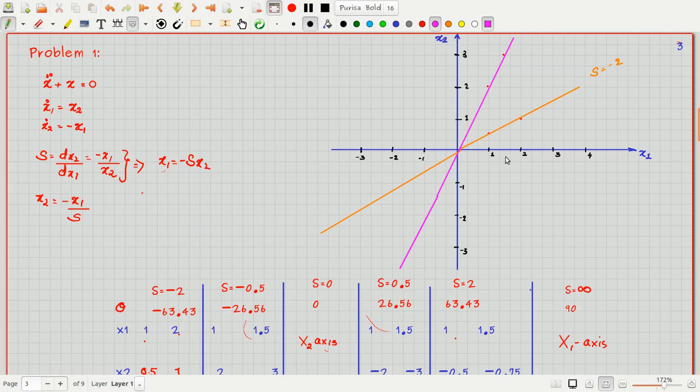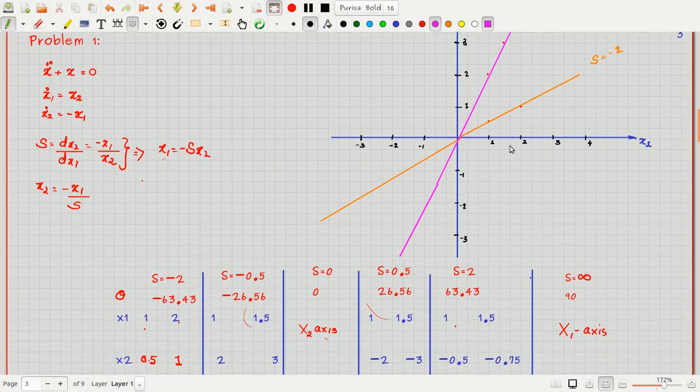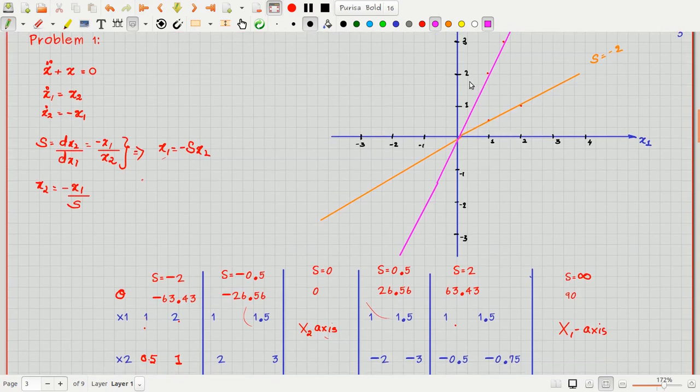Now, similarly, I can draw the other 2 lines also. After drawing these 2 lines, we are done. The other 2 points I have here, this is the next point: 1 and minus 2, 1 point here I got. Then 1.5 and minus 3, this is another point here.